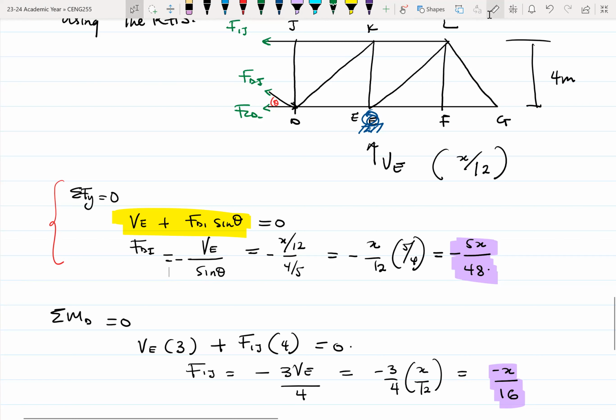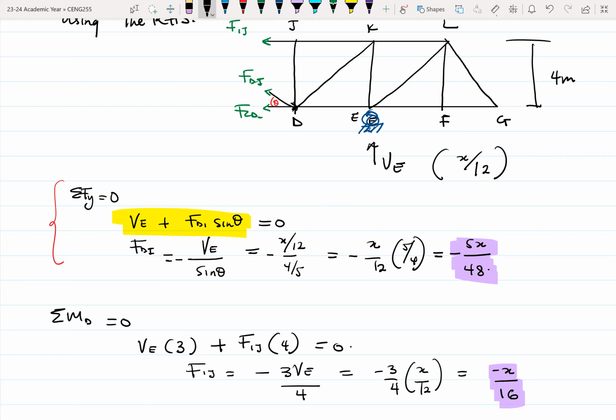Okay. Now we know our FDI. We need to find FIJ or we need to find FCD. All right, one of them. So it's easier to find FIJ first. I mean, it's up to us. We can do whatever we want to do. So here we take moment about D. Okay. So we take moment about D right here.